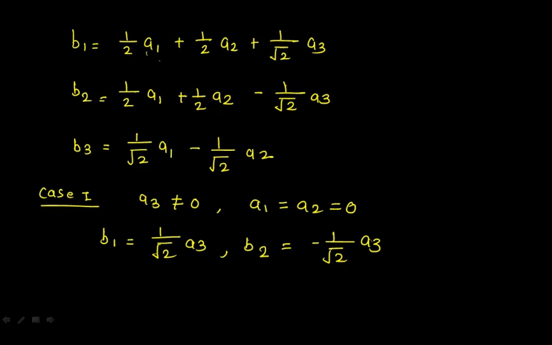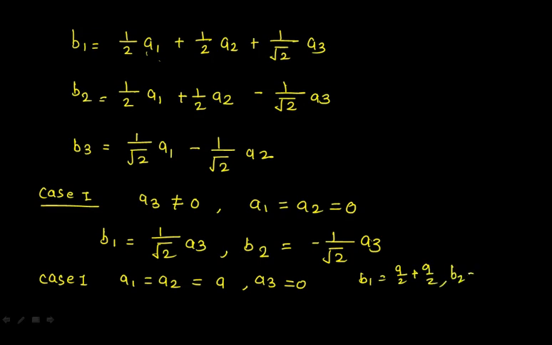The case number 2 which we are considering: you are giving inputs to port number 1 and 2, the same input, so A1 is equal to A2, which is nothing but A, and in A3 you are giving 0. Now in this case, whenever you are giving the same input, B1 will become A by 2 plus A by 2, and the 1 by root 2 A3 term will be 0. So B1 is equal to A by 2 plus A by 2.